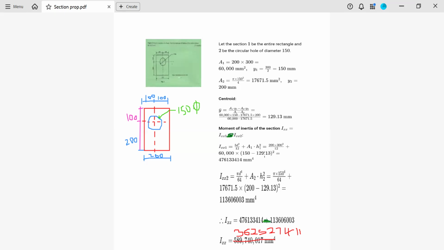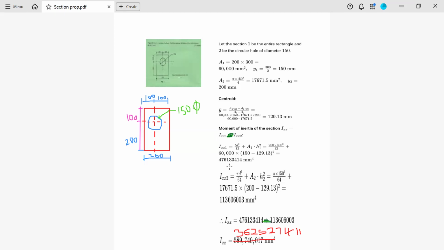Because this component is squared, it will not be a mistake to take 129.13 minus 150 squared, because if you square a positive answer, you get a positive, and if you square a negative answer, you get a positive. So section 1 will have a moment of inertia equivalent to this value here.